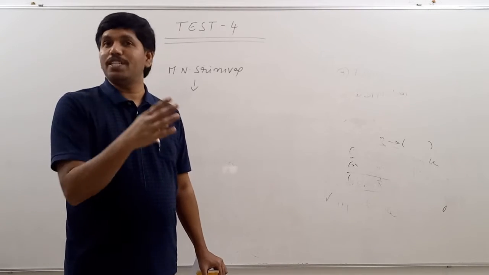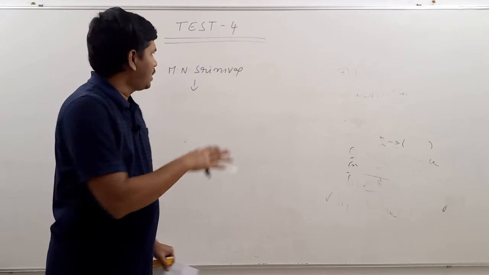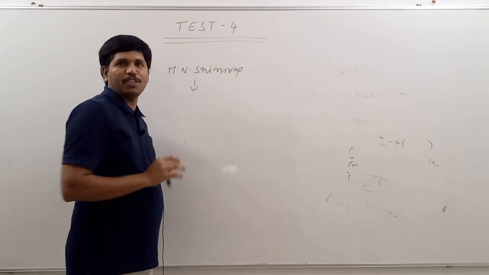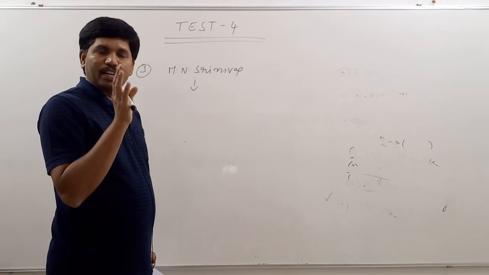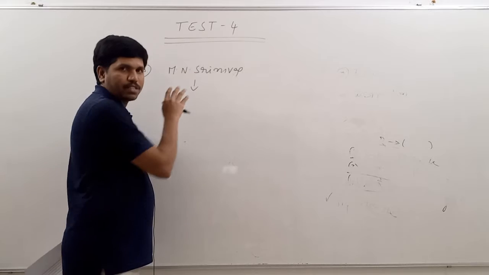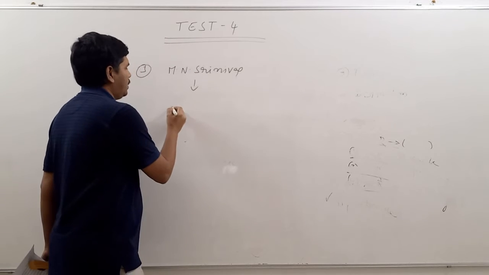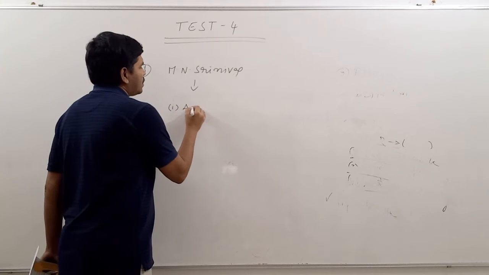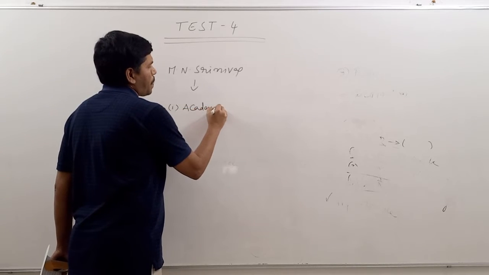Like this, they will specify. See, in 10 marks questions, they will not specify. They will just give the name of the anthropologist. Whenever they give the name of any anthropologist for 10 marks like this, then you have to write like this. His academic career.